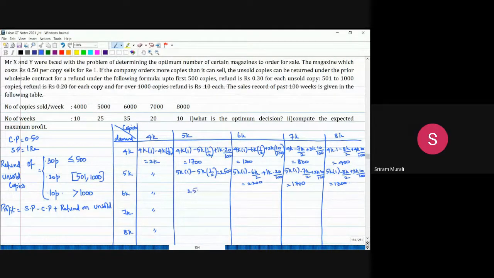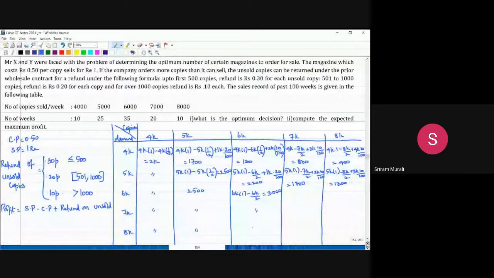So this will be the same 2500, 2500, 2500. This will be 6k into 1 minus 6k by 2. So this is 3000, and there is no refund because demand is more than the supply. That is why the same 3000 will come.